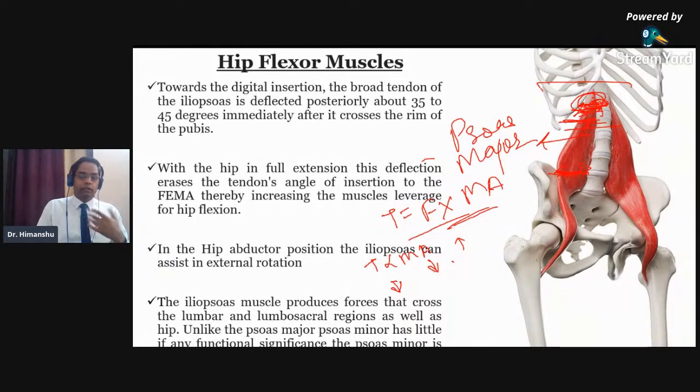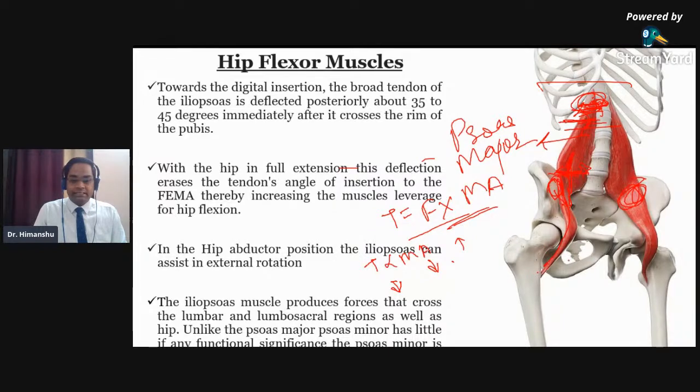All right, but today we are not talking about the lumbar spine. We are talking about the hip joint. So the psoas major comes down and blends with the iliacus, which takes its origin from the iliac fossa. This is the iliac fossa, and iliacus takes its origin from here, and psoas major blends with it. It courses down and gets attached onto the lesser trochanter.